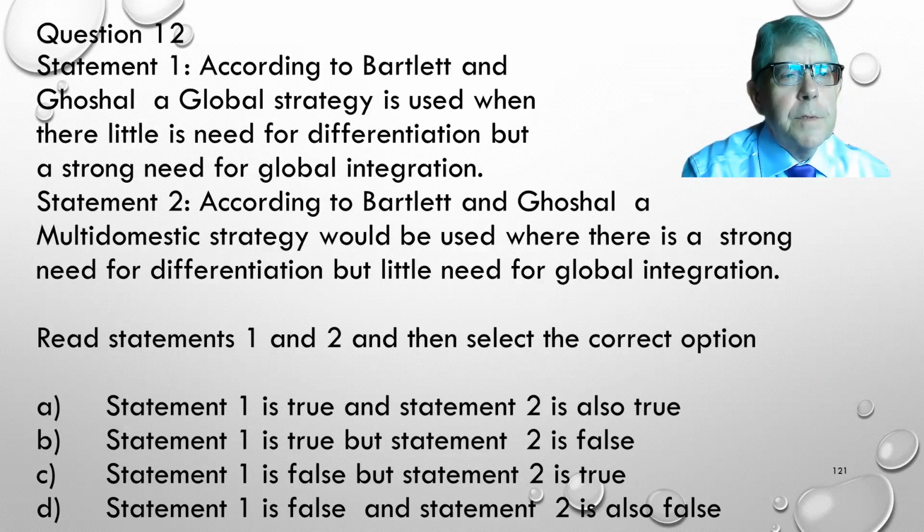Question 12, statement 1. According to Bartlett and Ghoshal, a global strategy is used when there is little need for differentiation, but a strong need for global integration. Statement 2, according to Bartlett and Ghoshal, a multi-domestic strategy will be used where there is a strong need for differentiation, but little need for global integration. Read statements 1 and 2 and then select the correct option.